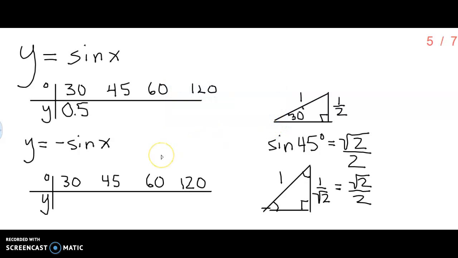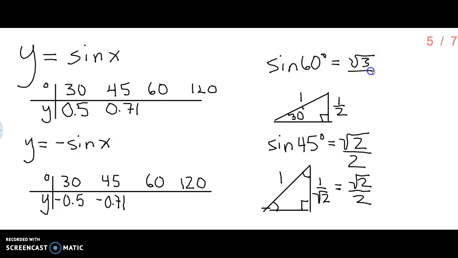But we're going to convert it to decimals because that's really the only way to graph it. Don't forget, when we go from the shortest leg to the longer leg, we multiply by the square root of 3. Sorry, it's getting a little messy, but again, I'm going to put it in a decimal.